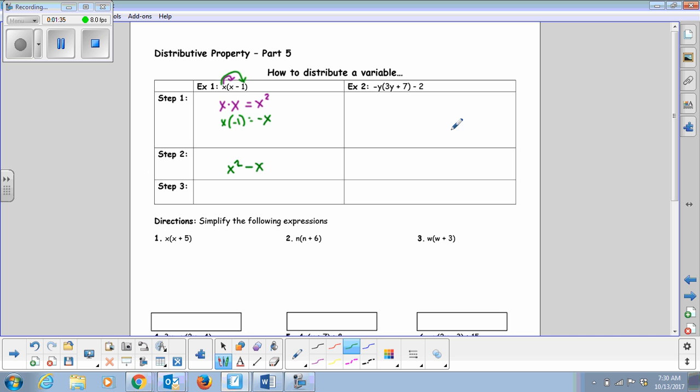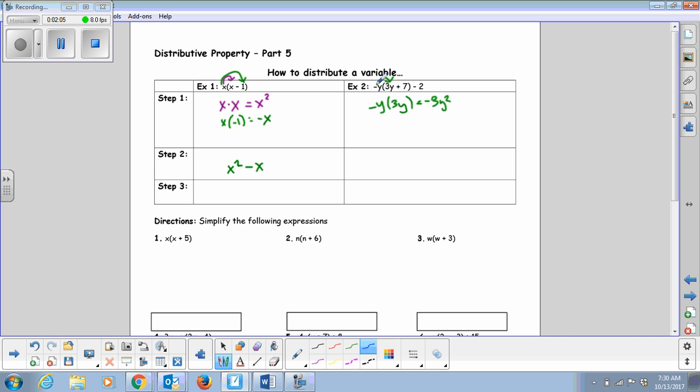Alright, I'm assuming that you're done with the first 3, so finishing up our examples, we're going to multiply this negative y with everything within the parentheses. So I'm going to start with negative y times 3y. Negative 1 times 3 is negative 3, and then we have y times y, so we have y squared.